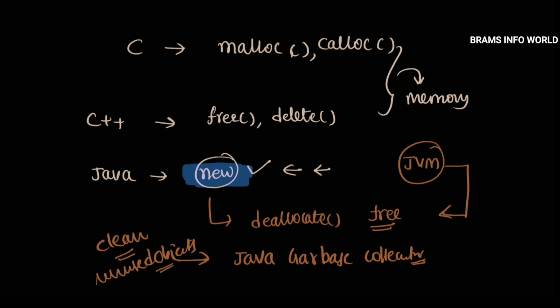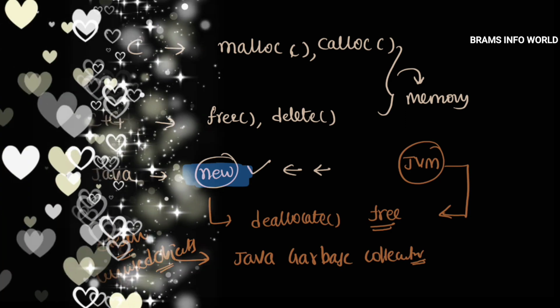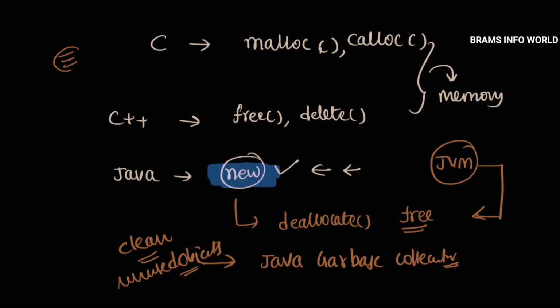That is our topic right now. Let us discuss it in detail. In the home, the home worker is the garbage collector. In the city, the GHMC people are garbage collectors. But in our Java programming, who is the cleaner?